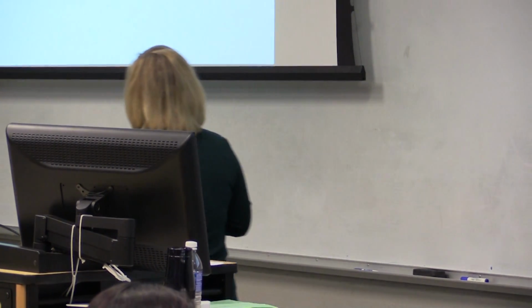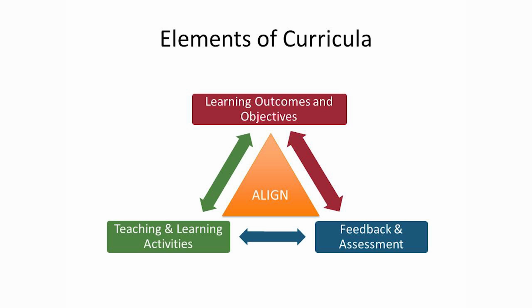So this is just another graphical representation of the elements of curricula, and I will be coming back to this figure repeatedly, but I again want to highlight the idea that we want to think about how these things are aligned. It's good to have these different elements, but really making sure that you have a quality curriculum is based on the alignment of these three elements.